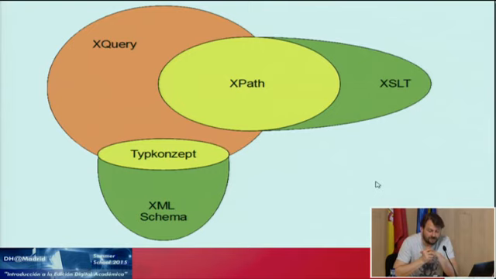And with XML Schema, which is a schema language similar to RelaxNG or to DTDs, but a bit more powerful, a lot more powerful, it shares the concept of data types. This is the string, integer, and date thing. That is a German slide. That is the reason why the type concepts are written Typ-Konzept.